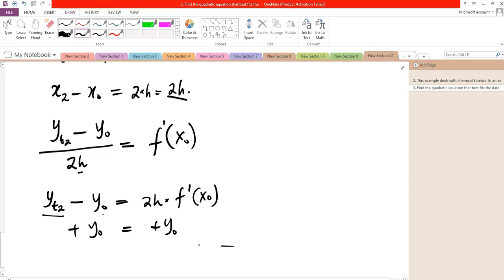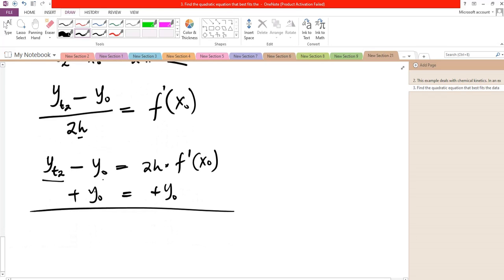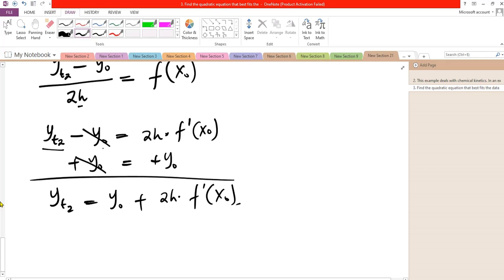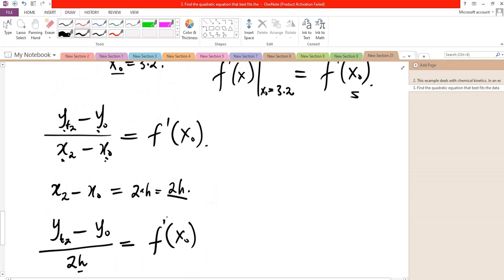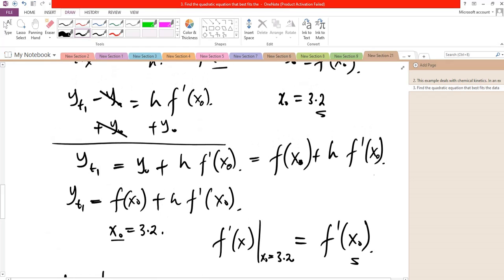Now this will cancel out this. You have y sub t2 equal to y sub 0 plus 2h times first derivative function of x sub 0. So we have this. So you see, two step, you have 2 here, one step you have 1 here.